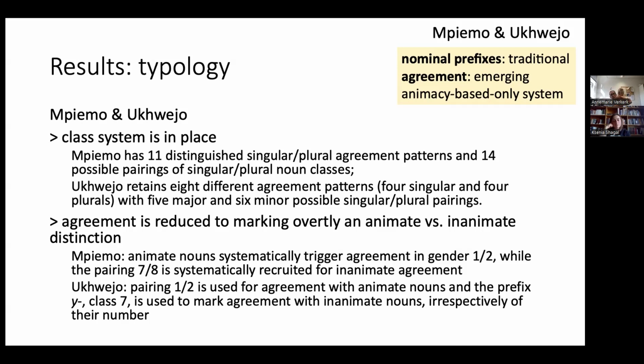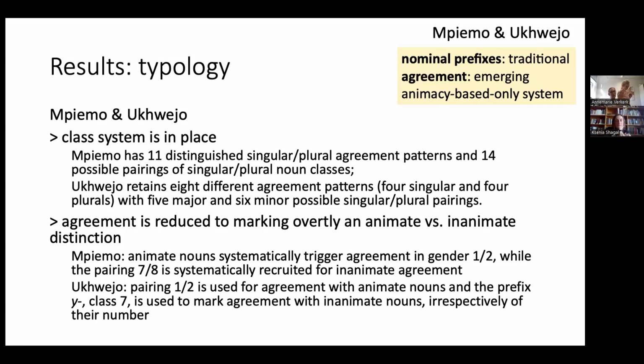And how these languages do that is basically by saying that in Mipimo, animate nouns systematically trigger agreement in what we can recognize to be gender 1-2, because the noun prefixes have cognate forms throughout most of Bantu. While the pairing 7-8 is systematically recruited for inanimate agreement, right? So we can see that this is leading towards a system like that of Nzadi, which I introduced in the beginning.